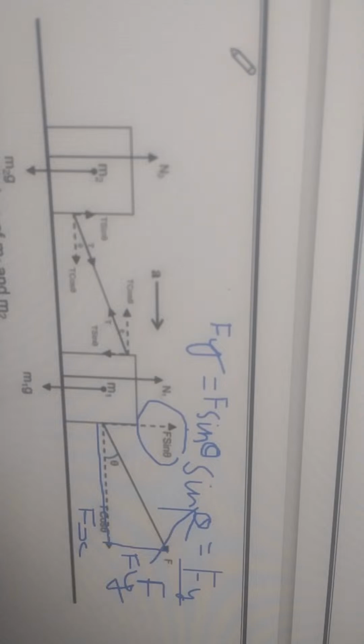Cos theta is equal to b by h, base by hypotenuse. So what is the base here? Base is F of x, divided by F.